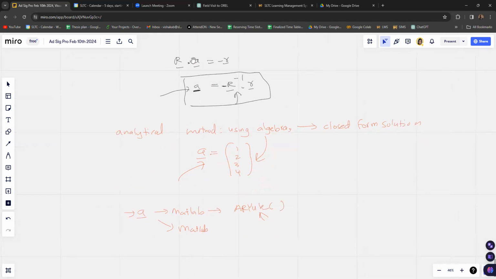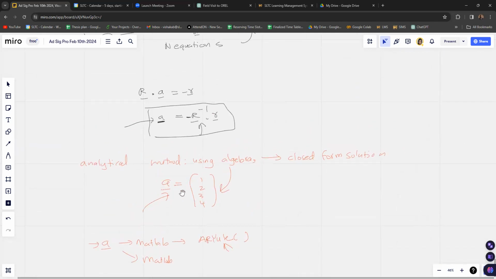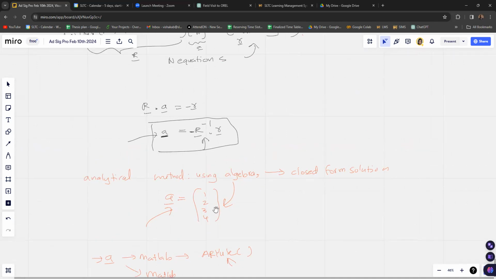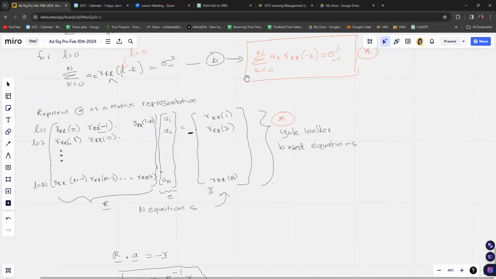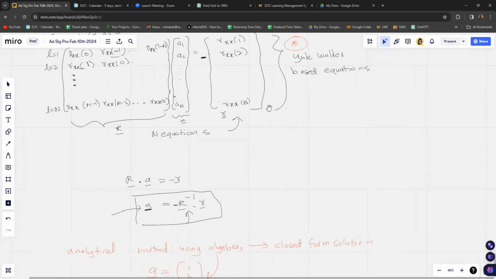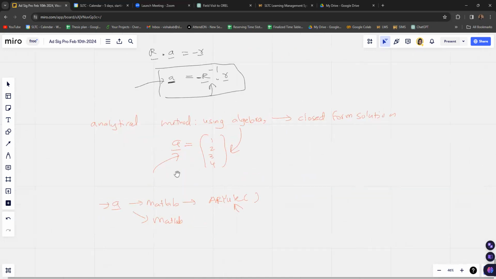If we find it like that, we can get a fixed solution for the unknown parameter A, a closed form solution obtained using the analytical method. If we use the analytical method, we can solve all these equations using mathematics. We can find a closed form solution and a fixed output for the unknown parameter.